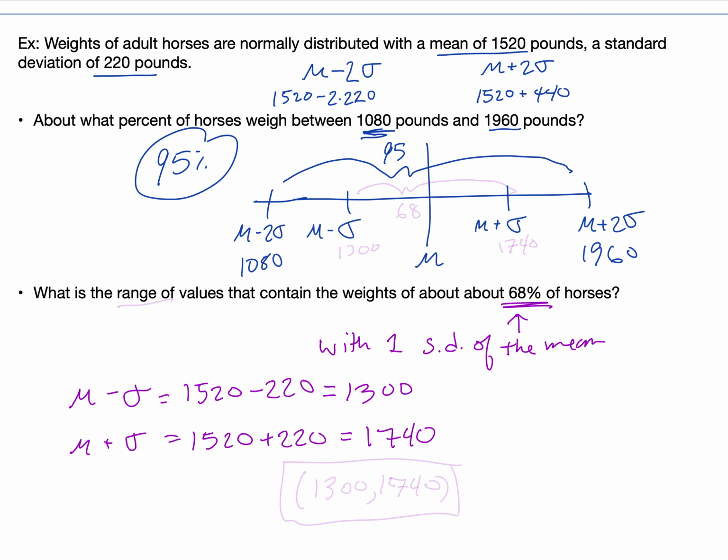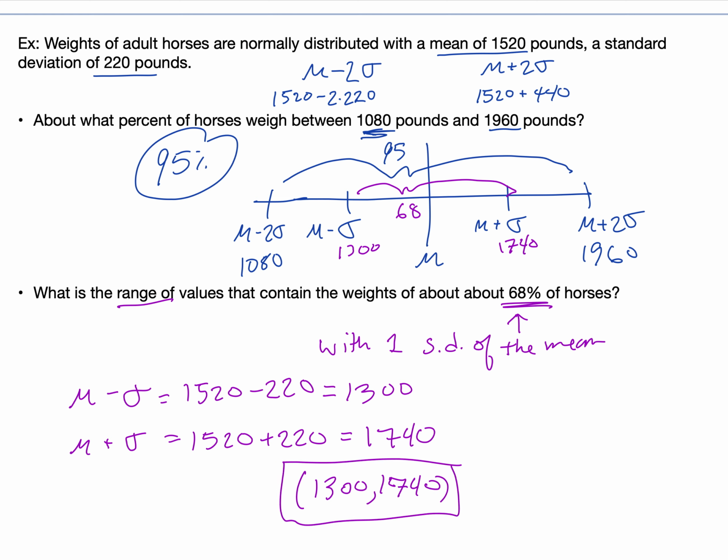So that is the range between this value, 1300, and 1740. That should contain 68% of the weights of adult horses. And so what is the range of values? The range is from 1300 up to 1740, and that's in pounds.